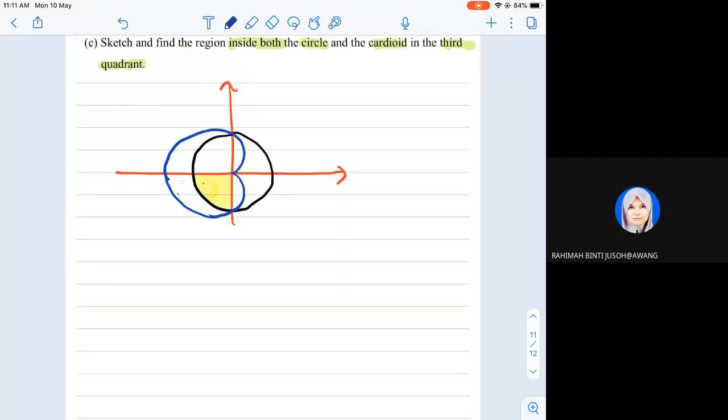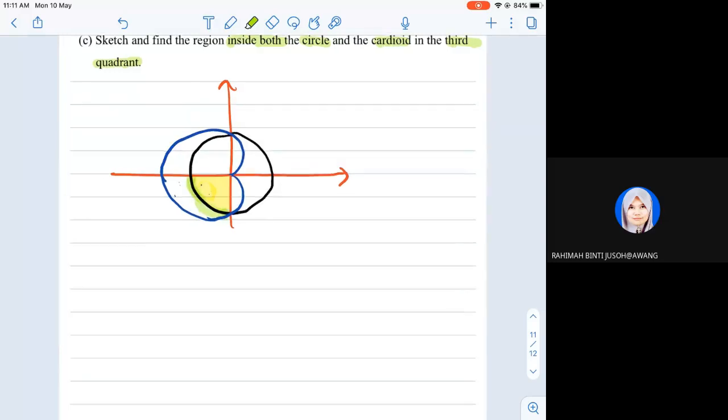Okay, so memandangkan sekarang ni kita punya garisan yang bounded by that region, that particular region ni hanya satu garisan je yang terlibat, which is this line. Yang saya highlight warna hijau ni.